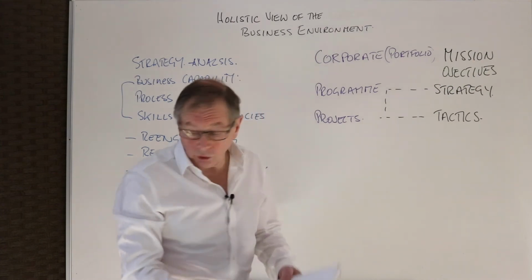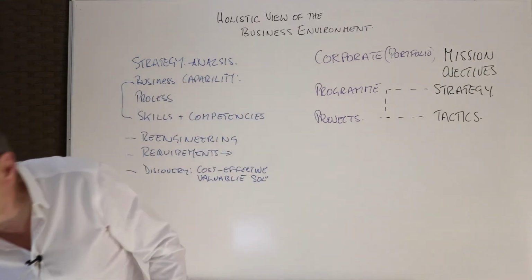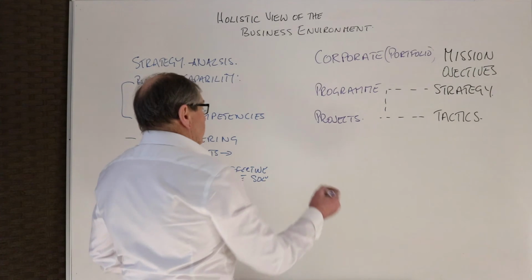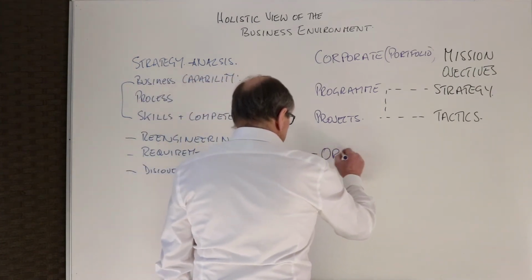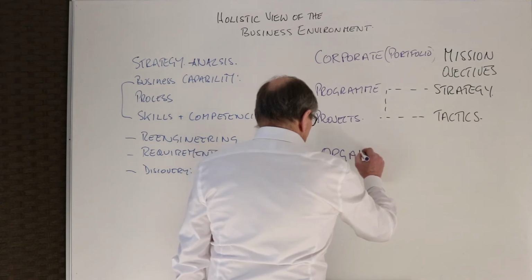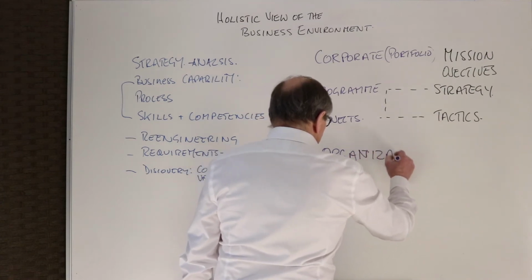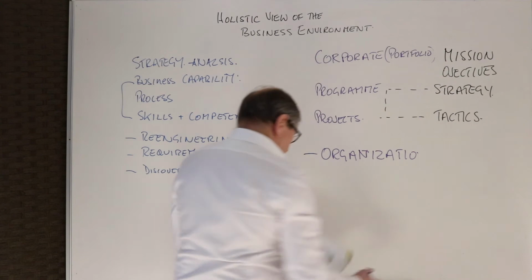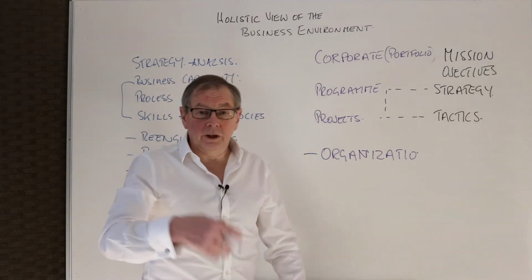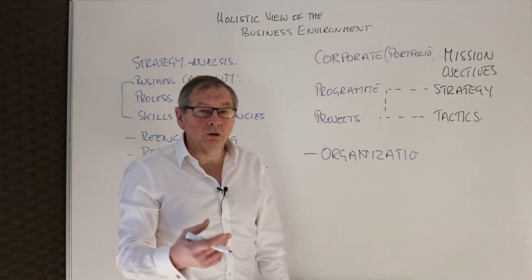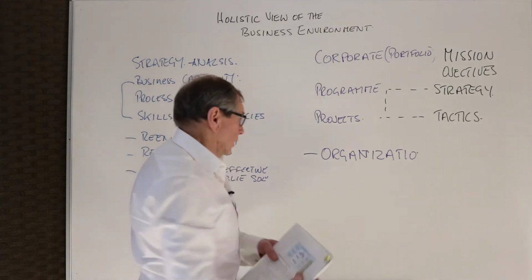Okay. So just to remind ourselves, we also have some points here. We need to understand the organization as a whole, as you can see here: structure, roles, responsibilities, etc. These come as part of the resource audit framework as well, which we'll look at.